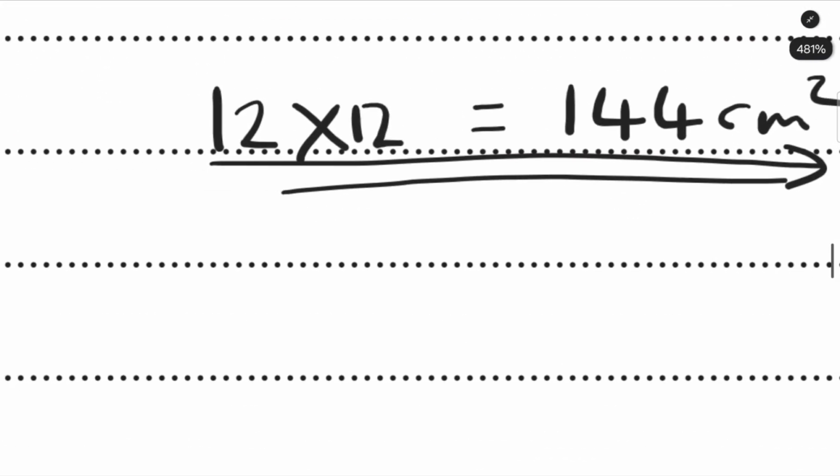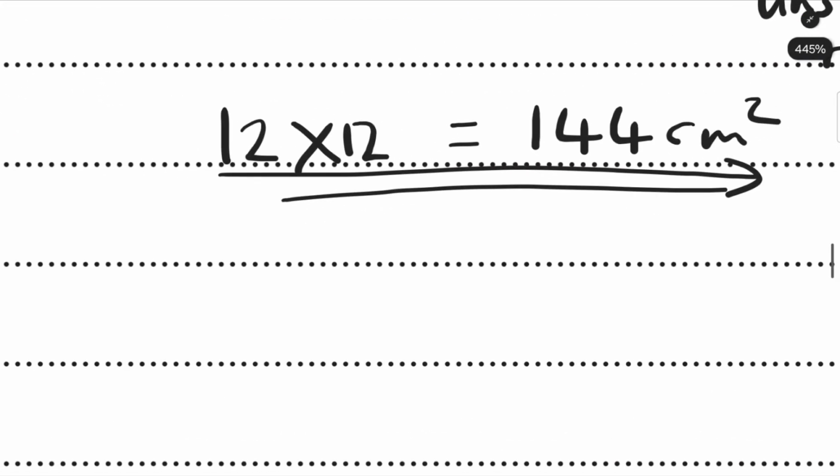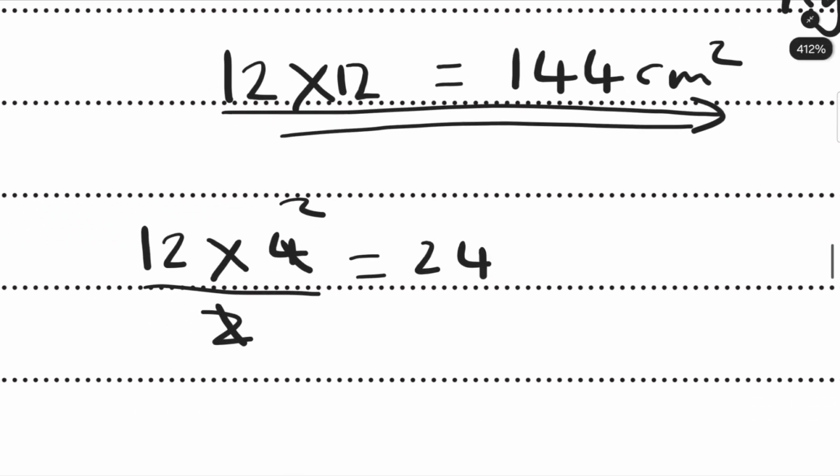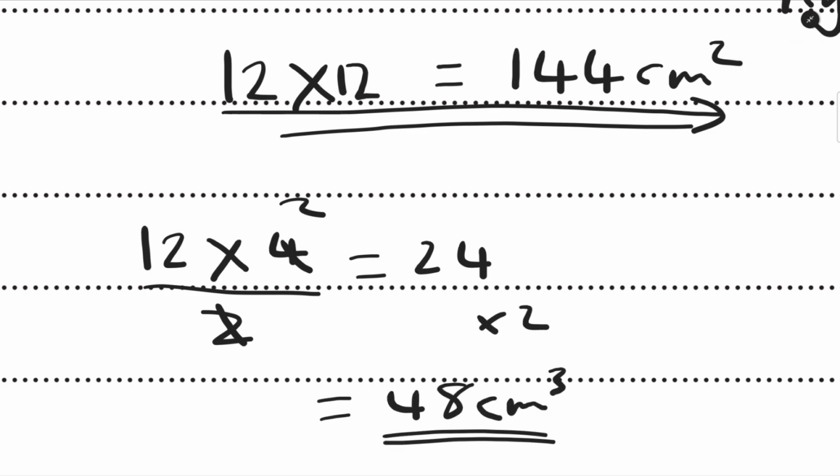Area of a triangle is base times height over 2. So the base will be 12, the height will be 4, over 2, and that should give us 24. Multiplying it by 2, we get 48 square centimeters, for the two unshaded triangles.